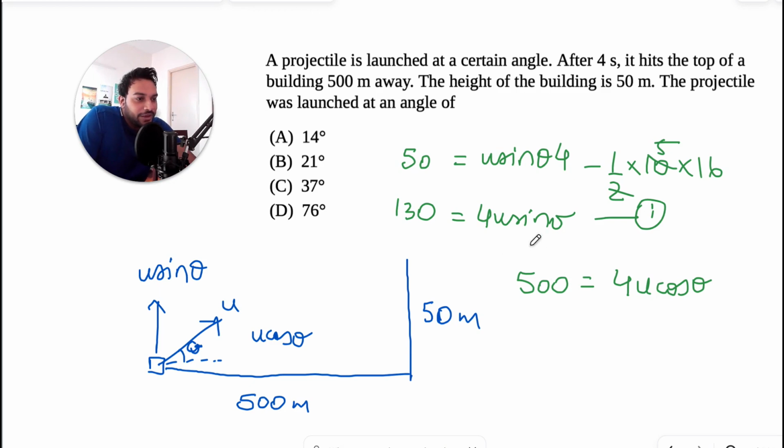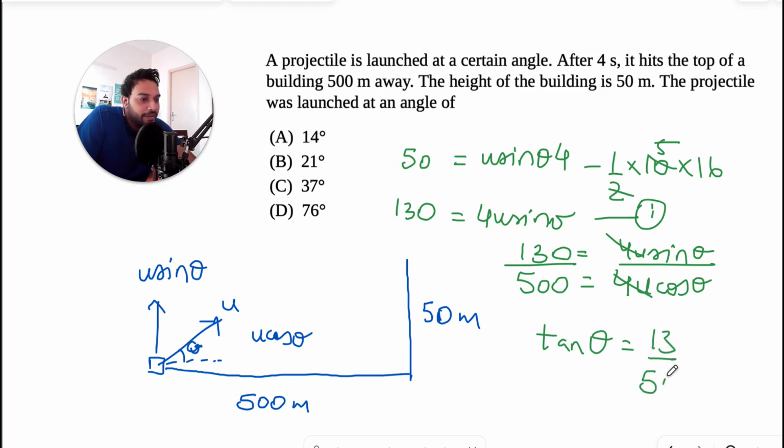So 130 is equal to 4 u sin theta. Now divide them both, 4u and 4u cancel, sin theta over cos theta is tan theta, equal to 130 over 500, 13 over 50.